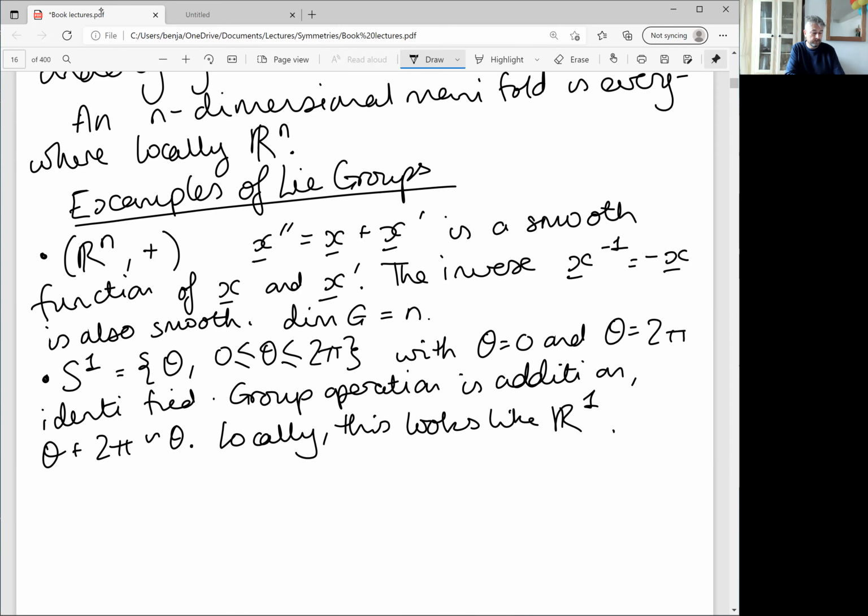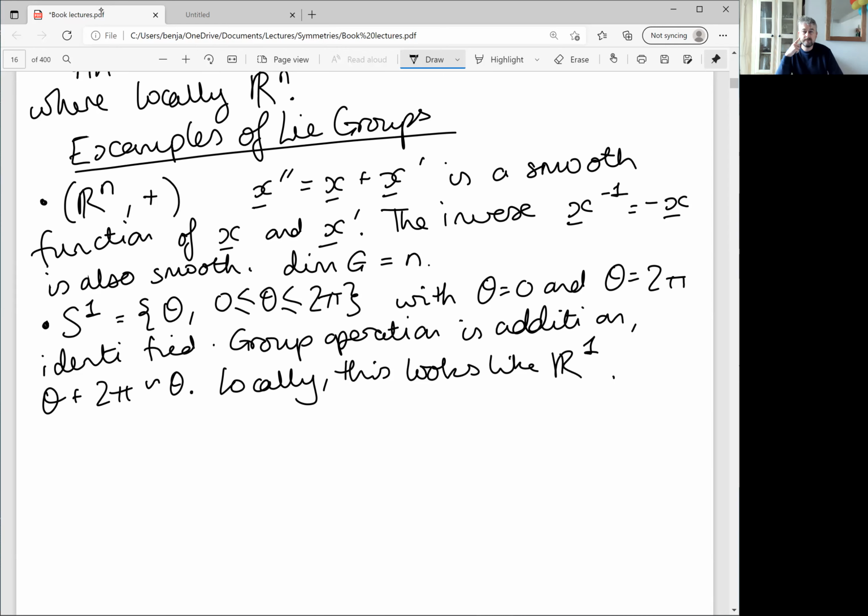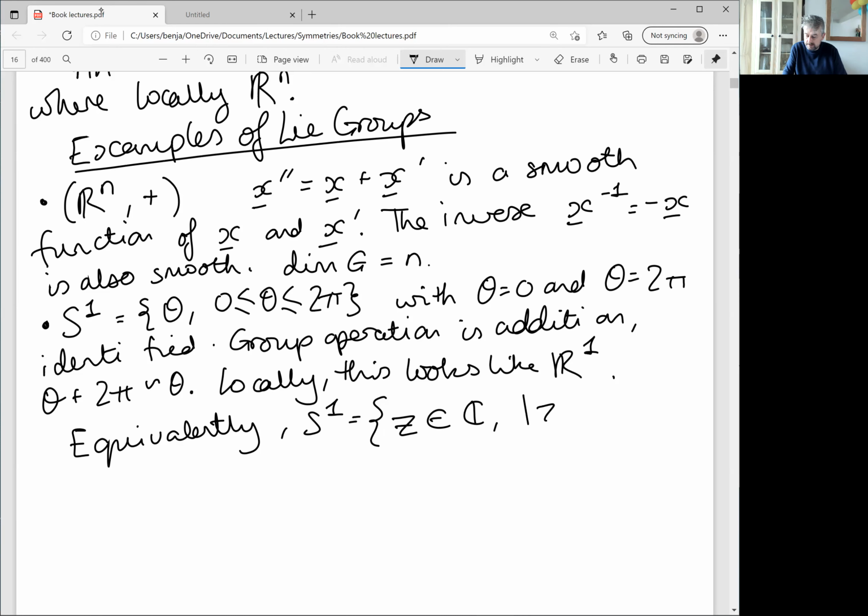We've got another description of this circle. We can describe it in terms of the complex numbers, where the modulus, or the size of the complex number, is 1. So S^1 is z complex, and mod z is 1.